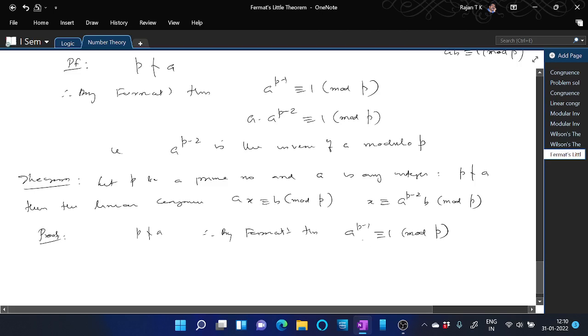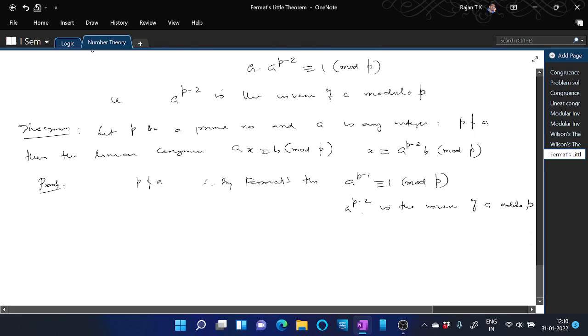This shows that a raised to p minus 2 is the inverse of a modulo p. Therefore, multiplying the given linear congruence ax congruent to b mod p by a raised to p minus 2, we have a raised to p minus 2 into ax is congruent to a raised to p minus 2 into b mod p.